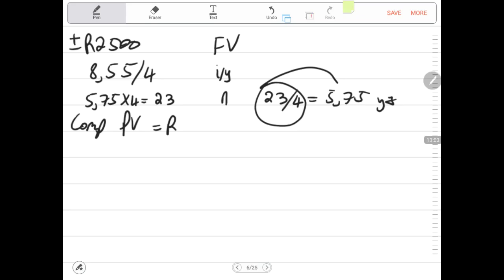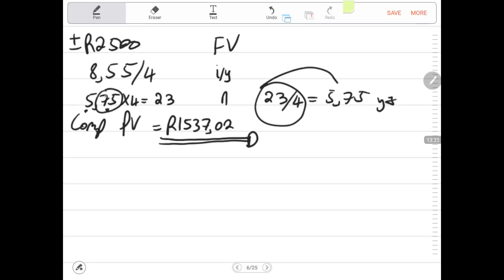Now our present value becomes an amount of 1,537 rand 2 cents. Now this is the amount that we have as our present value. So we say this is the amount that was initially invested. And we invested this amount for a period of 5 years and 9 months.